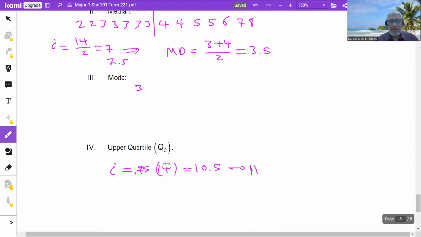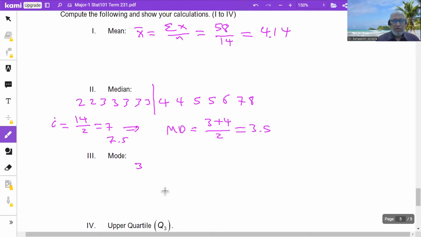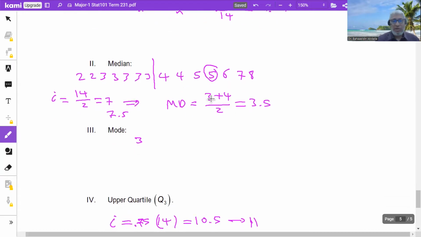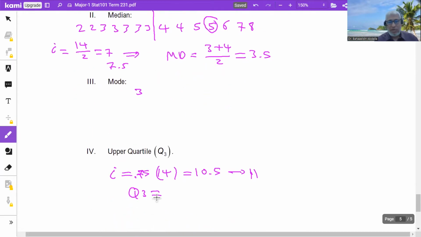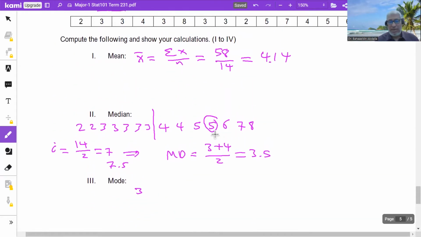And the observation in the 11th position would be Q3. So here, 7, 8, 9, 10, 11. This is observation number 11. So Q3 is in fact 5. And you can see that Q3 is really the median of the upper half of the data.